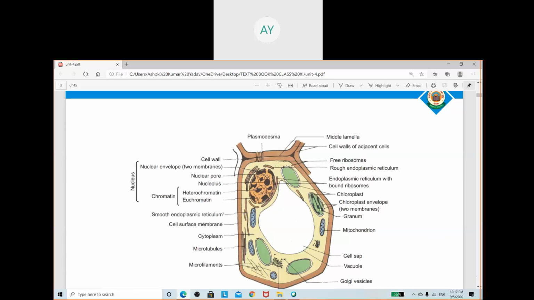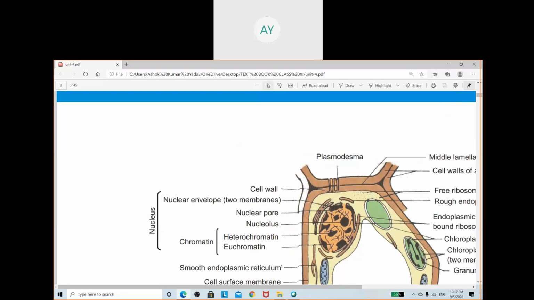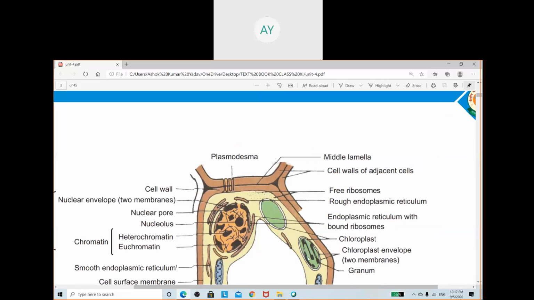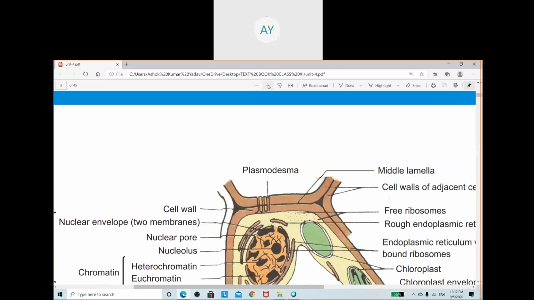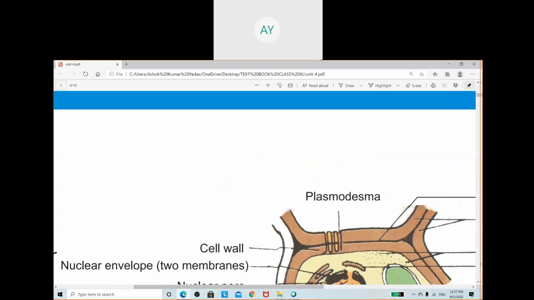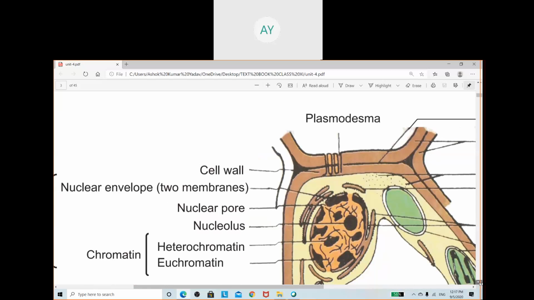Just see, if you look at the diagram of the chloroplast, then you will be able to know. This is the diagram of the chloroplast. You will find this structure in the diagram present in your CBSE textbook.